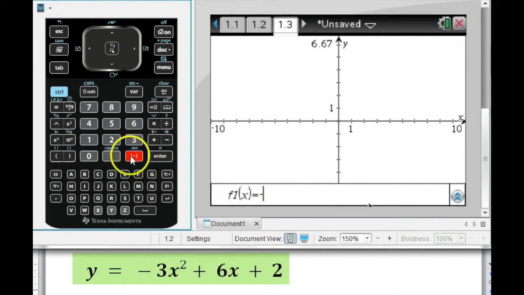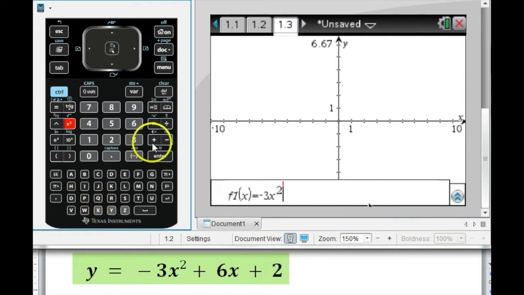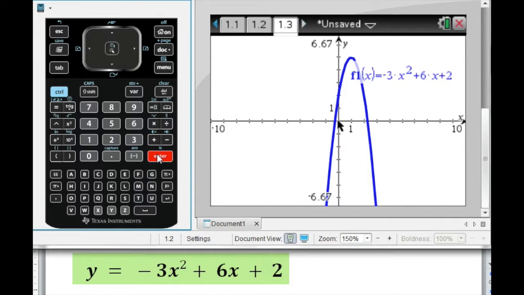Don't use the minus sign, but the negative. 3. X is down here toward the bottom. These are all your alpha keys. Squared plus 6x plus 2. Okay, when I have that entered in there, you'll see this is our f of x. That's our function notation. Then we'll hit enter, and it'll give us a graph here.